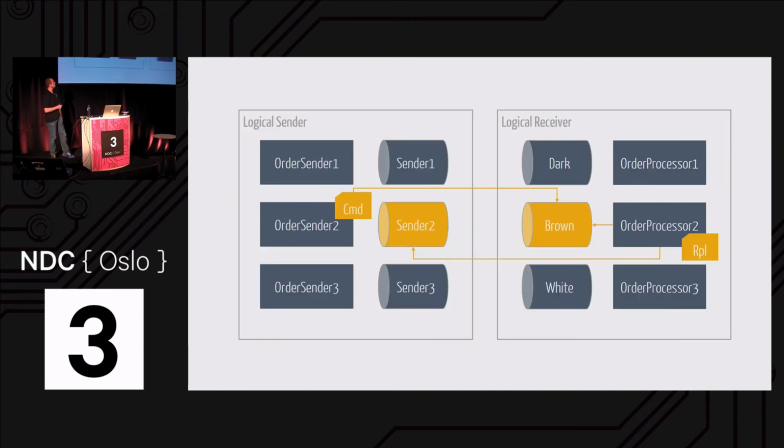Well, we also have request reply. For example, sometimes we want to asynchronously confirm back to the user that an order was processed. It could be that we have a callback function on the stateless front end, or it could be that we have some kind of data that is created on the order sender on a specific partition, and we want to be able to reply back to the sender that is living on a specific partition.